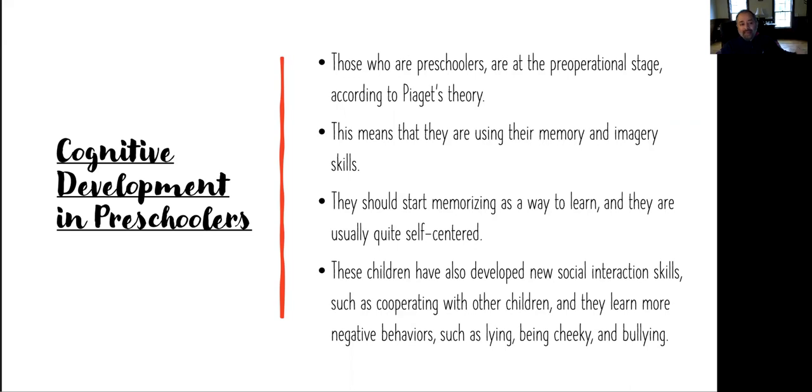As they go into preschool age, they're pretty quick because they use a lot of their memory and imagery skills, so it's a good time to have them memorize something. These children have also developed new social interaction skills, such as cooperating with others, and learn more about negative behaviors, such as lying, being cheeky, and bullying.